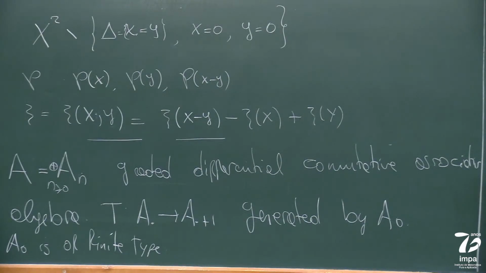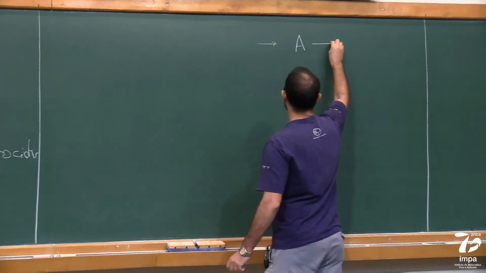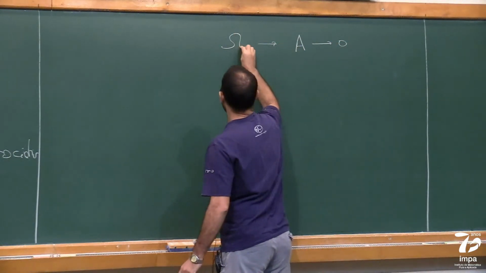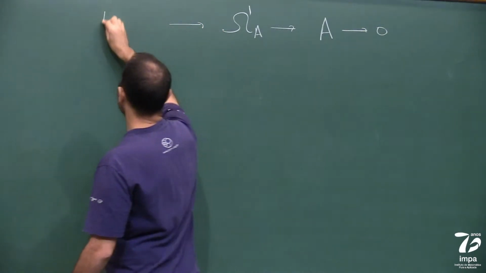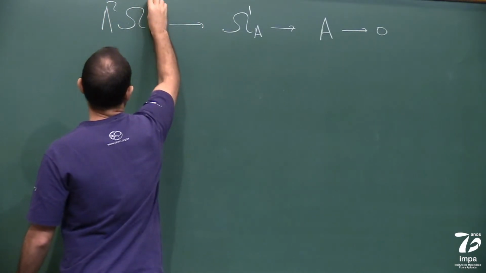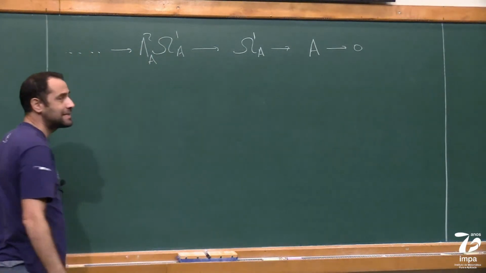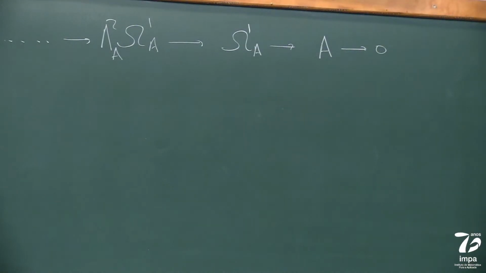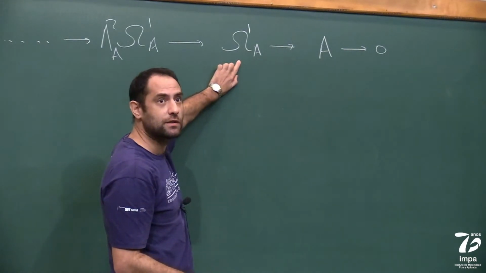So now, whenever you have an algebra with a derivation, there arises a Koszul complex, which has A in degree 0. I'm going to put omega 1 of A in degree 1. I'm going to put wedge 2 of omega 1 of A, the wedge product over A, and so forth in each degree. So this is the de Rham algebra of A, just the module of Kähler differentials.